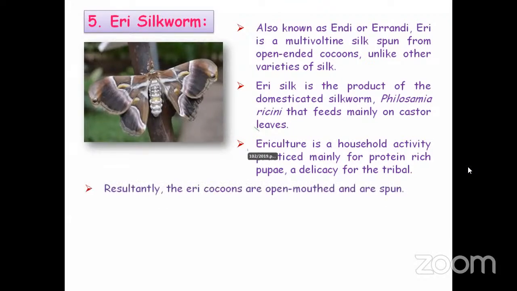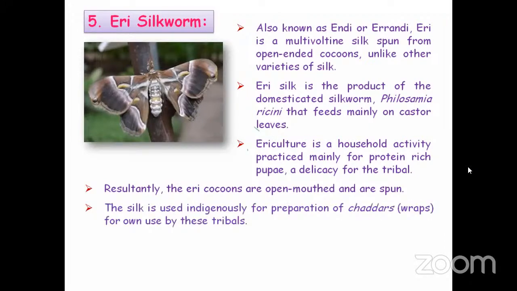These tribals also eat the cocoons of this Eri silk as food. Resultantly, the Eri cocoons are moth-cut and are spun. The silk is used indigenously for the preparation of chadars.